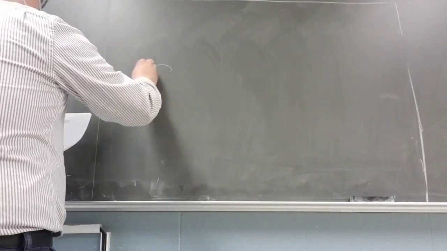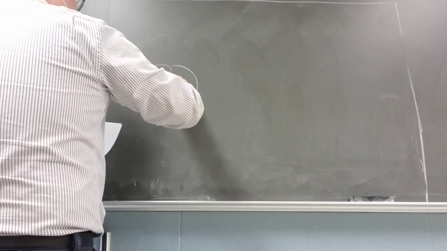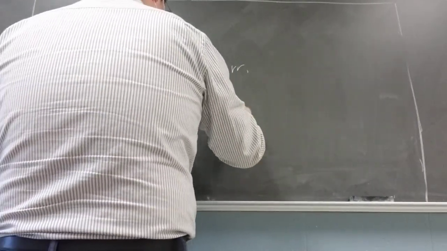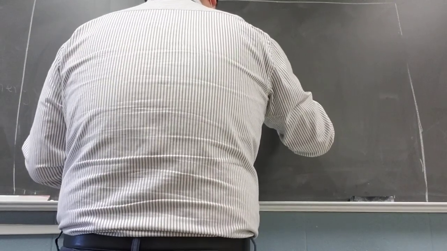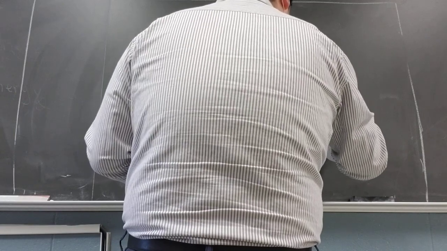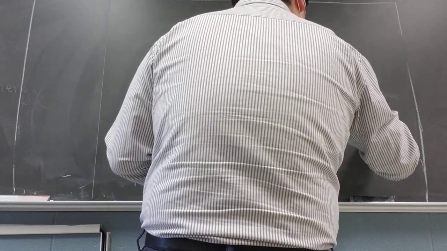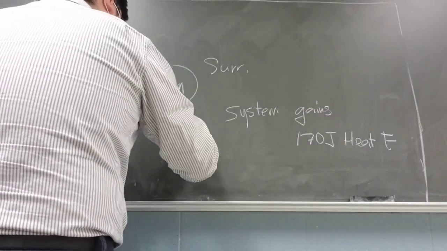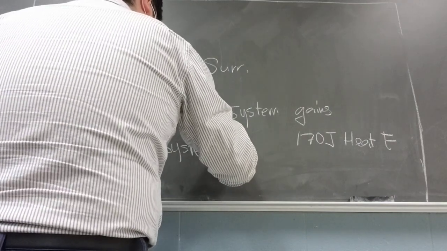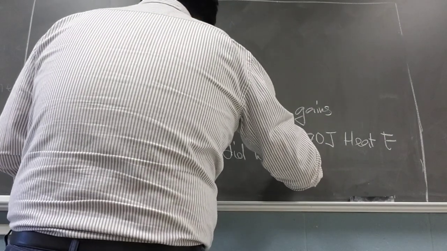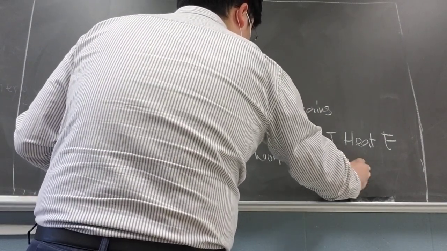Okay. So yeah, this is the last one today. If you have a system and a surrounding, and your system gains 170 joules of heat energy, and then the system did work of 210 joules.